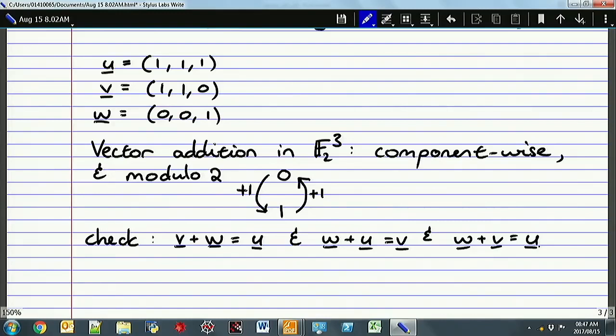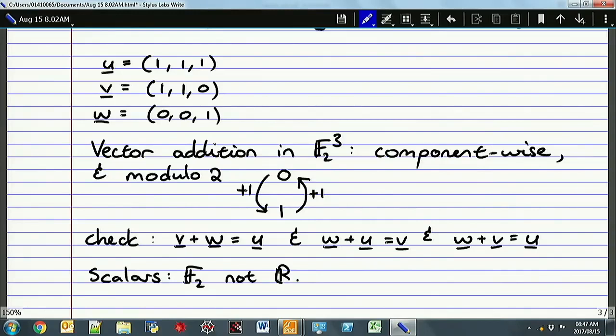It doesn't matter how you add them up, you get the remaining one. But you can use this definition of vector addition and this definition of scalar multiplication, and you should be able to show that this over here really is a vector space.